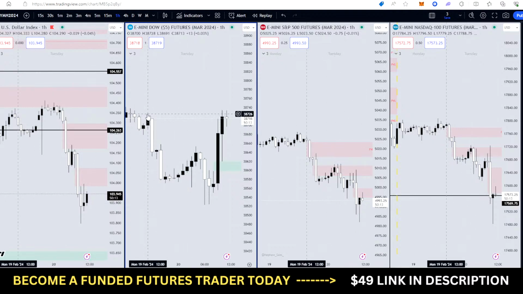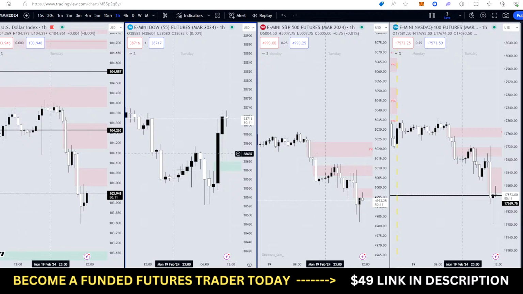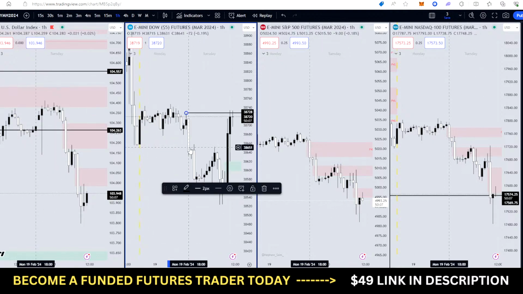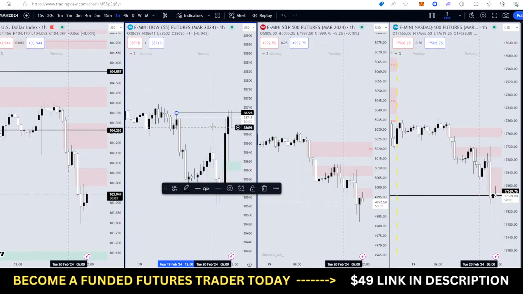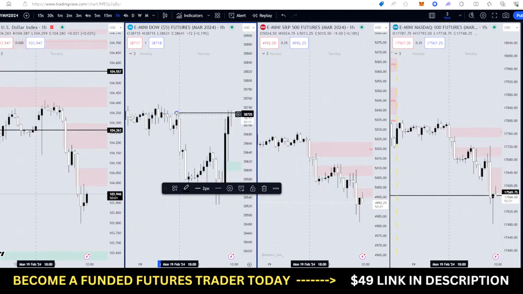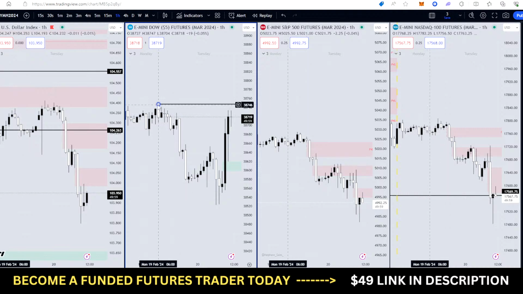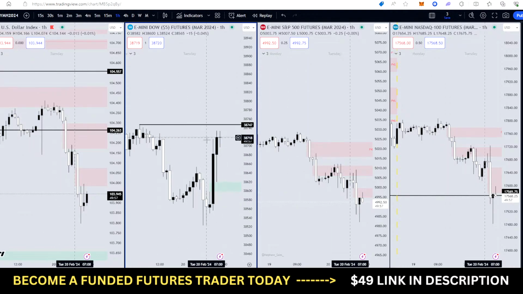Well, we did have a structure break here, but you want to see it close above. In fact, it's not even there. You want to see it close above here. So 38,747, you want to see it trade above and close above.